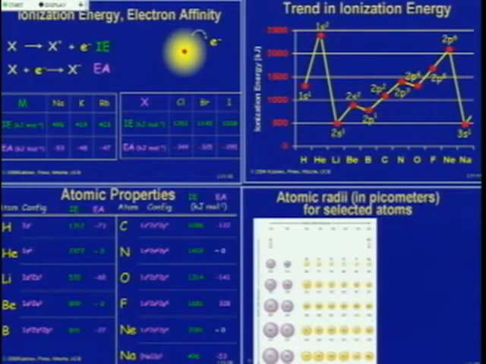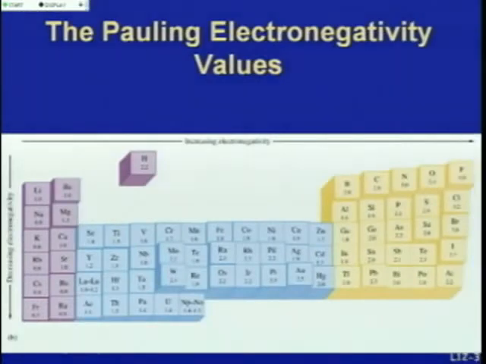So I hope you understand that, and today we're going to talk about one more periodic behavior that can be expressed in the periodic system, and this is related to bonding. I have prepared you to understand bonding.